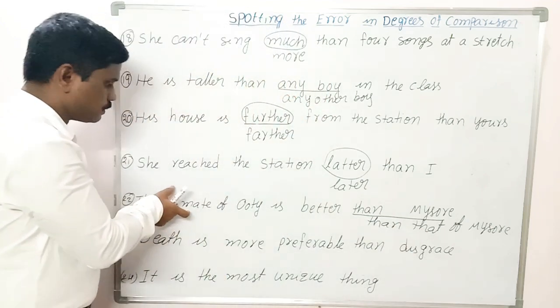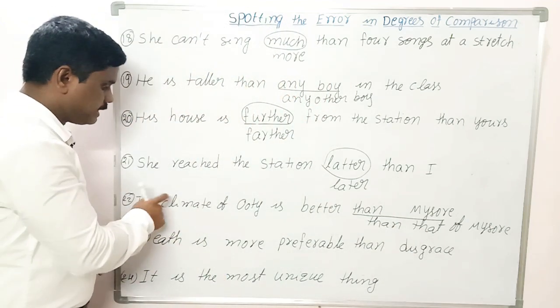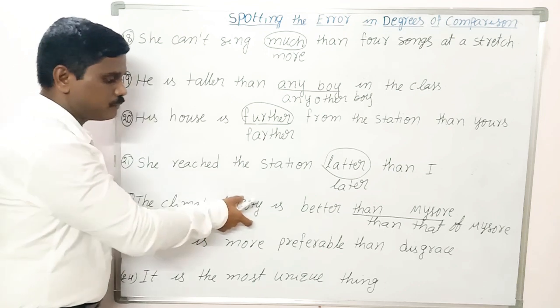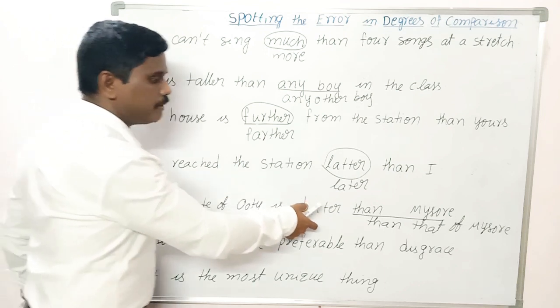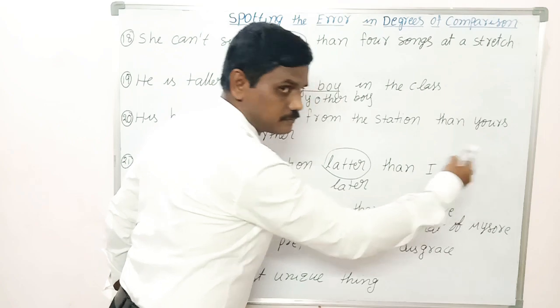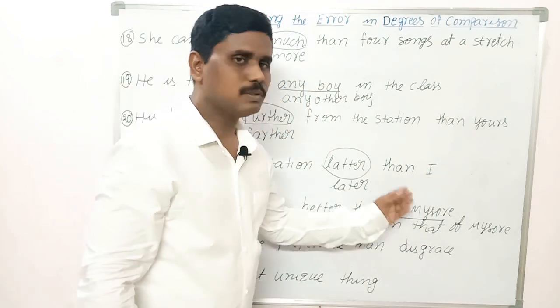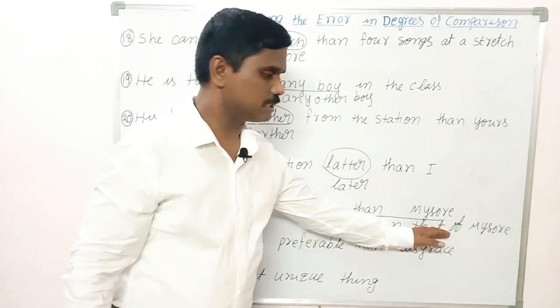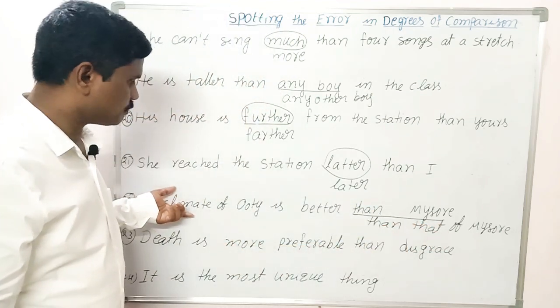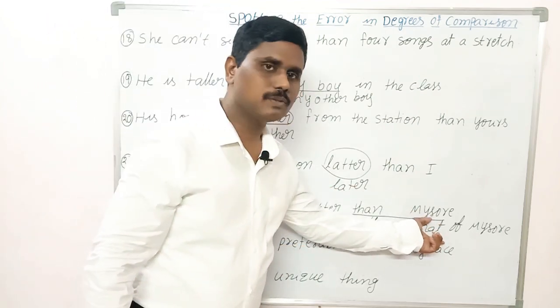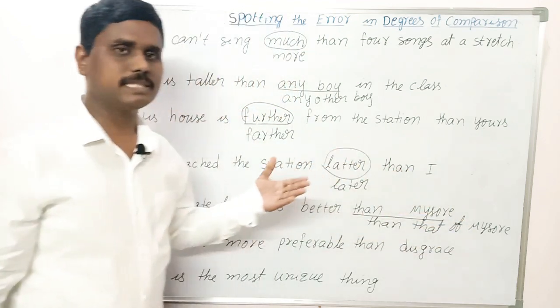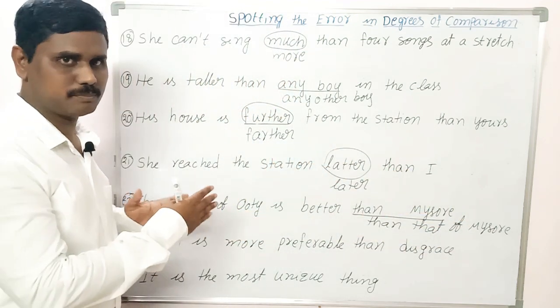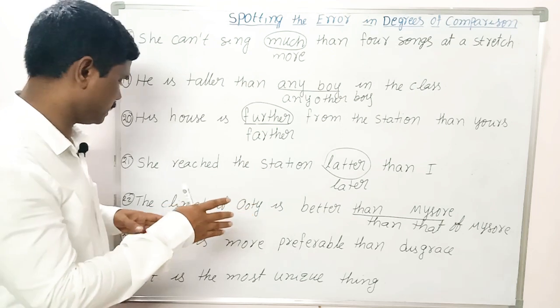For example, here plurals: the apples of Ooty are better than those of Mysore. That for singular, those for plural. If we find a plural, we use those of. I think you understood. Very important in all competitive examinations.